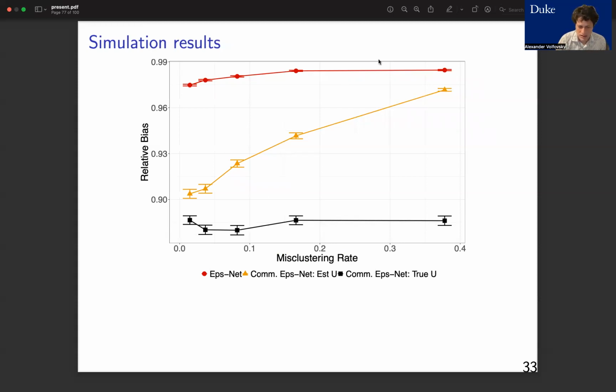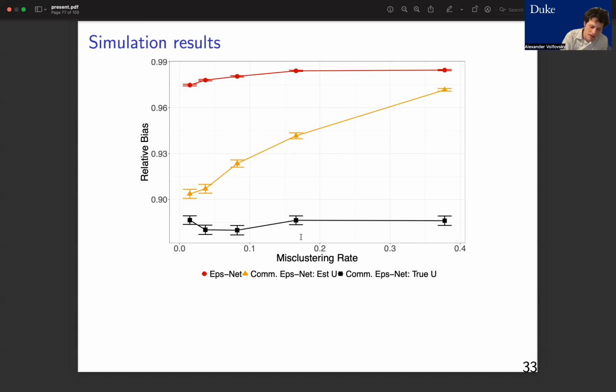In red, you have the standard graph cluster randomization approach. In black, you have the oracle community-driven graph cluster randomization. These don't really change over the x-axis because the x-axis does not affect them at all.